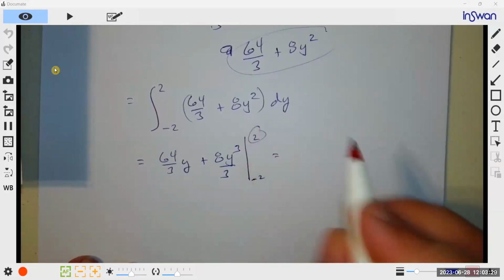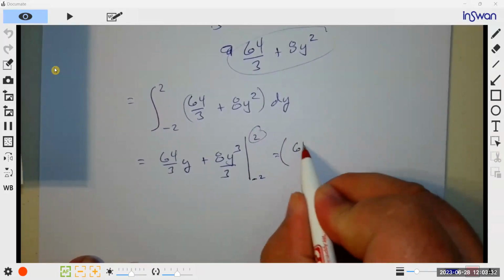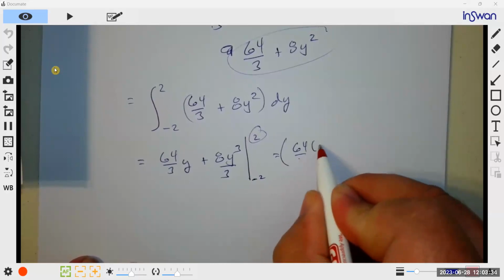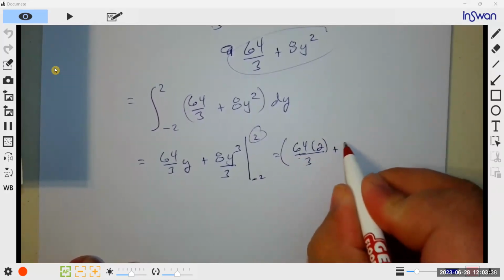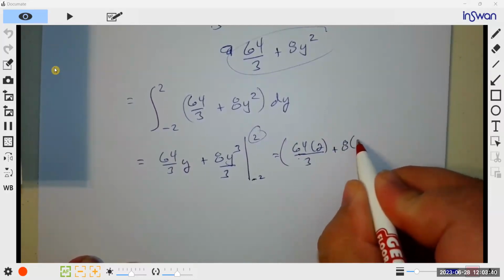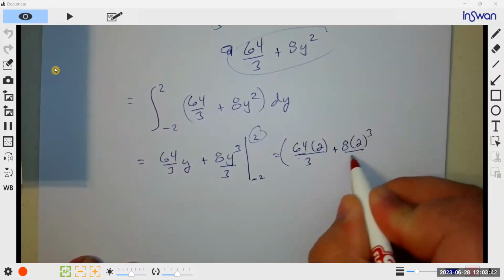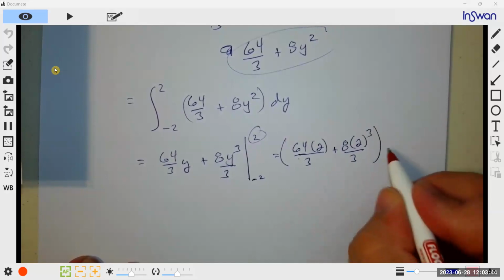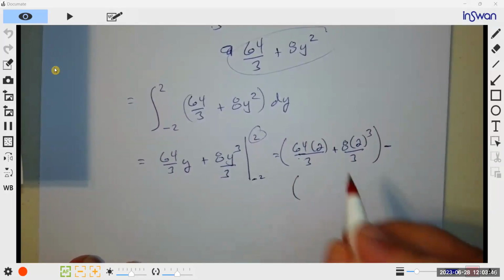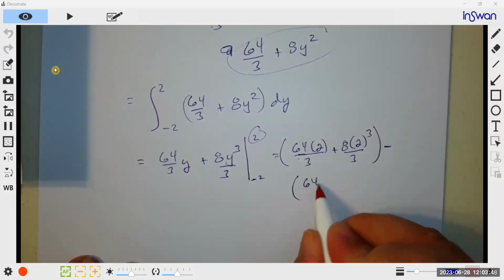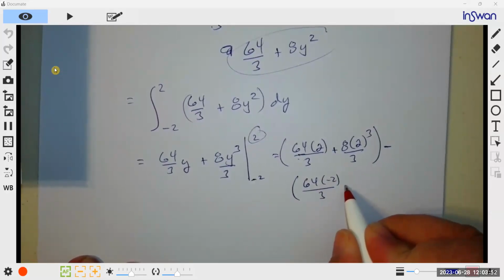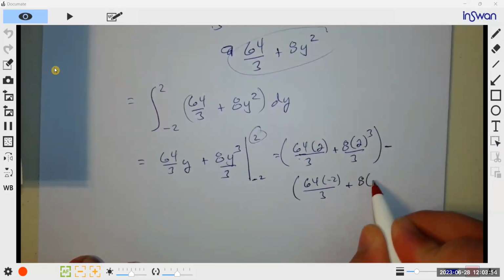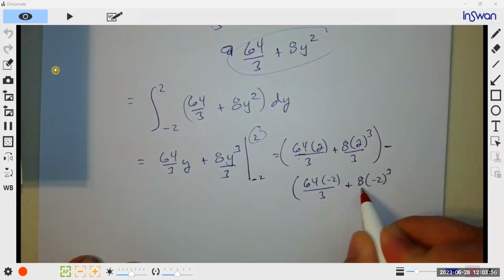Look at the first one: 64 times 2 over 3, plus 8 times 2 cubed over 3, minus 64 times -2 over 3, plus 8 times -2 cubed over 3.